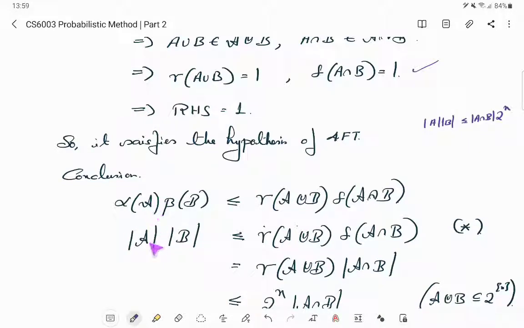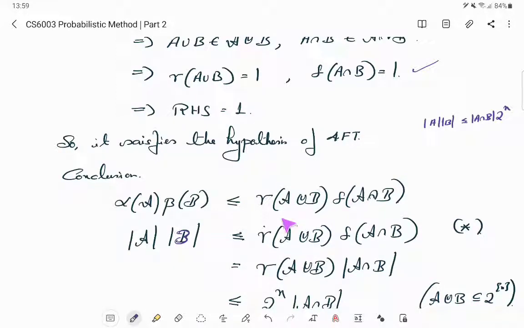But alpha of the family is easily, it's a characteristic function, but since it's of the whole family, you essentially sum the characteristic function over the whole thing, which will be 1 plus 1 plus 1 as many times as the number of sets in this family, the cardinality of the family. Similarly beta of script B, remember this is the overloaded beta, so it's adding up all the beta values inside script B, which means adding up 1 cardinality of script B times. So the left hand side is okay.